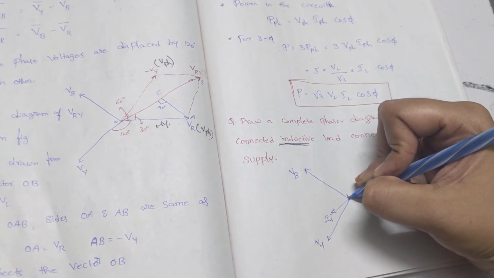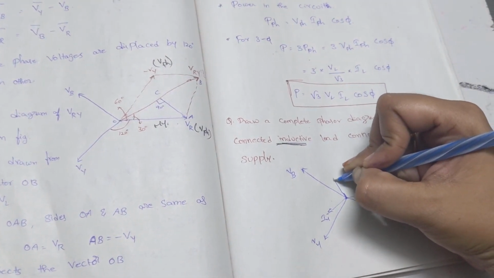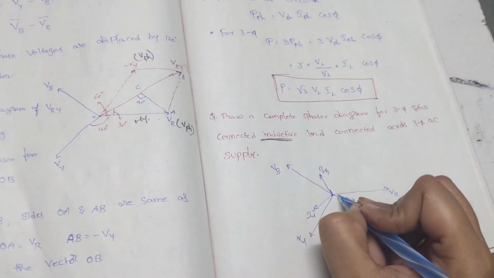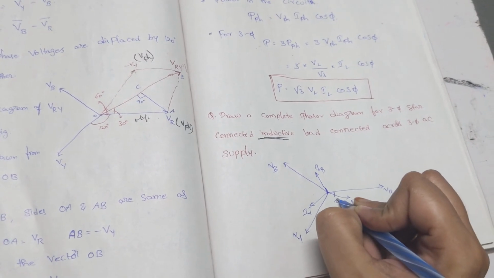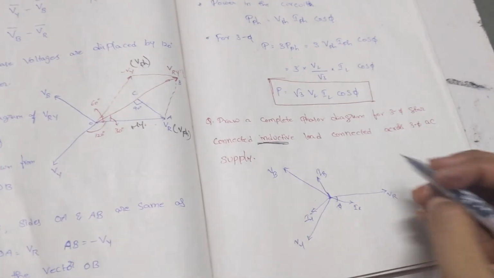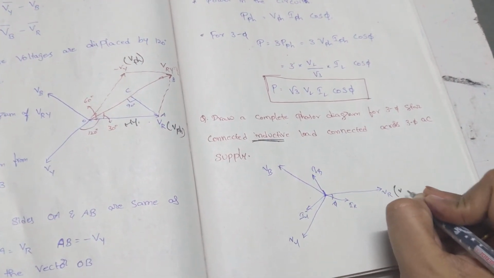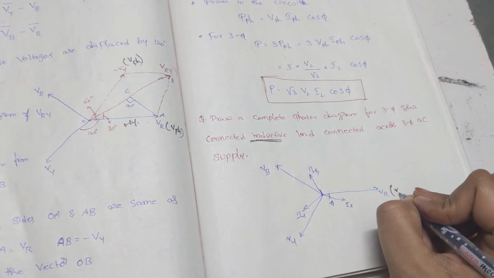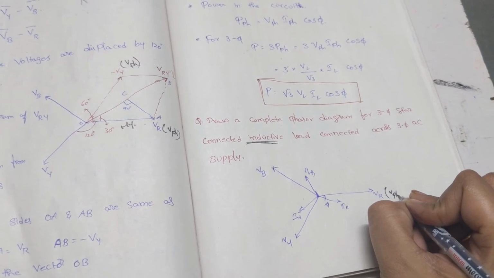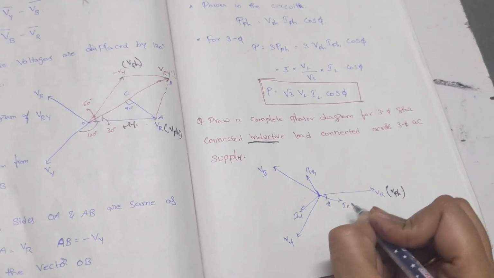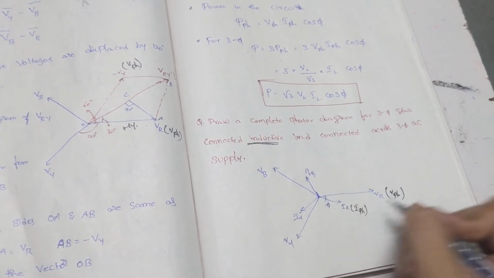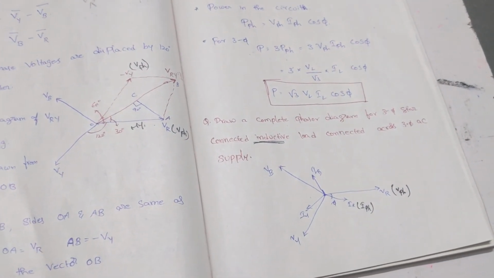I'm not considering the actual magnitudes, just the phase difference. These have a phase difference of phi. Kindly remember, these are the phasor values, I phase and V phase, the phase voltages and phase currents.